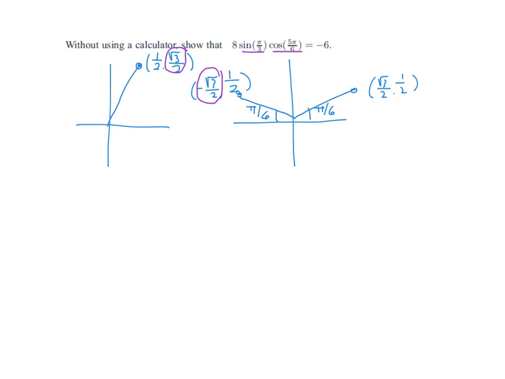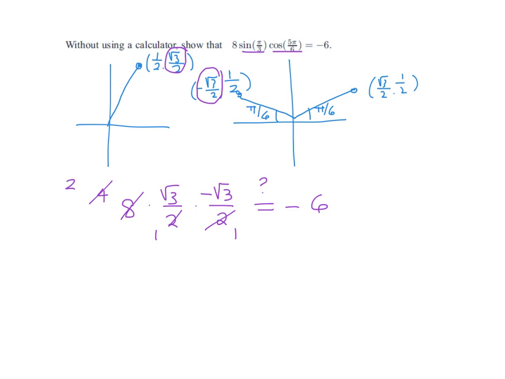Now we need to simplify. 8 sine pi over 3, which is root 3 over 2, then multiply with cosine 5 pi over 6, which we found as a negative square root of 3 over 2. Is this equal to negative 6? 4, 1, one more time, 2, 1.